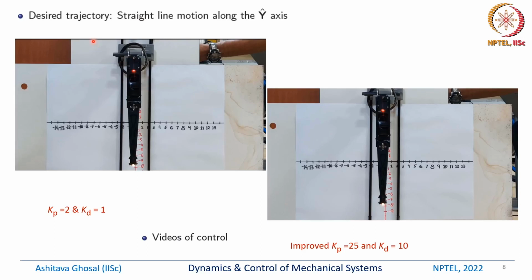Let us look at a desired trajectory, which is a straight line along the y-axis. As I showed you, I want the tip to move along the y-axis. I am going to show you two simulation results, in one of which the proportional gain is chosen as 2 and the derivative gain as 1.